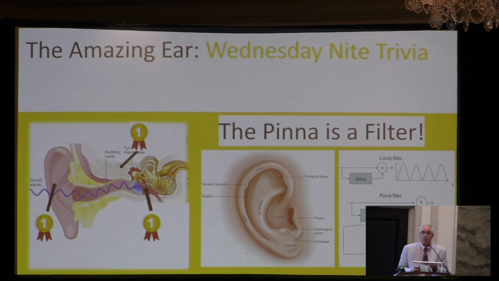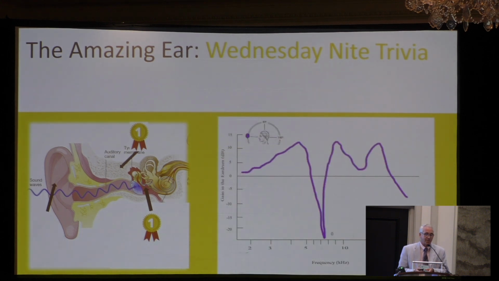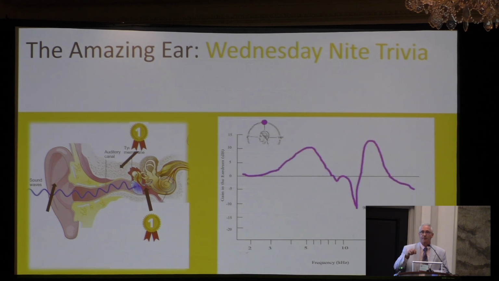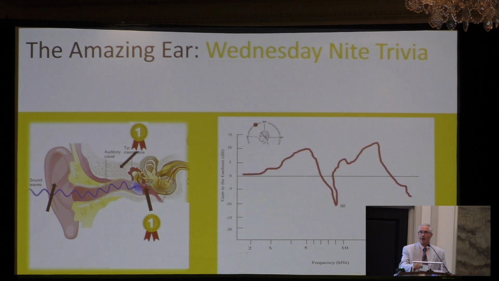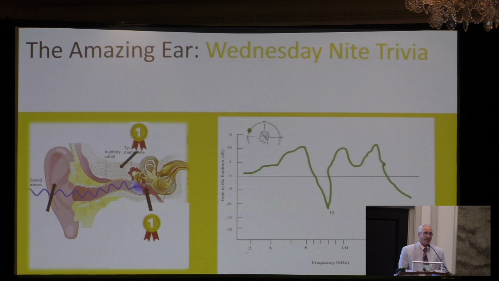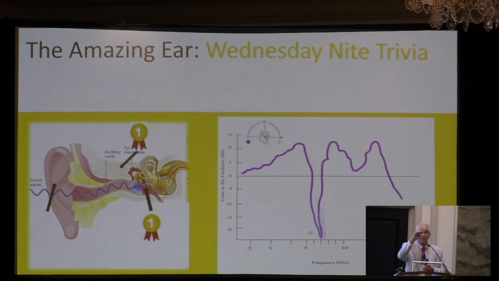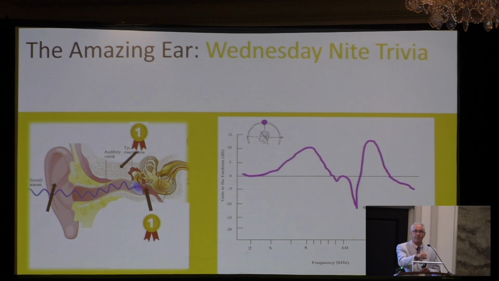Now, it turns out those are really, really important. That is the primary way we detect the source elevation of a sound. So if you notice in my little cartoon at the upper left, there's a head and there's a little dot that's changing color and location. That's the sound source. If you play a flat broadband noise to the ear from those different locations in the median plane, you will record a series of peaks and valleys like the spectrum that's changing color.